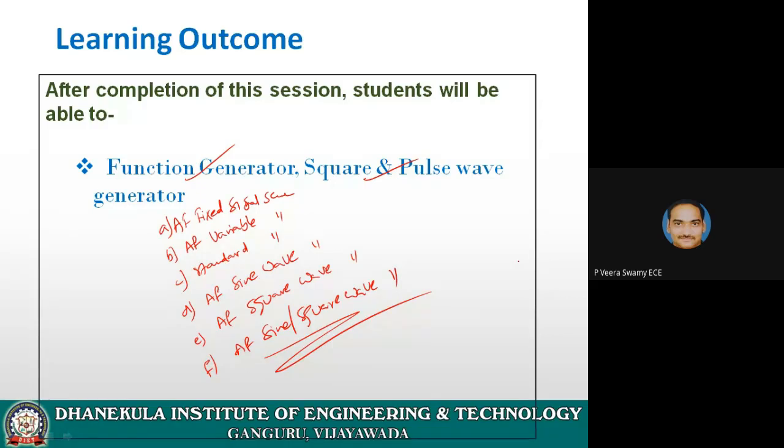Up to now we have discussed the AF fixed signal generator, AF variable signal generator, and standard signal generator. Just go through your running notes. Then AF sine wave generator, AF square wave generator, and AF sine by square wave signal generator, where these two waveforms are generated by a single device.